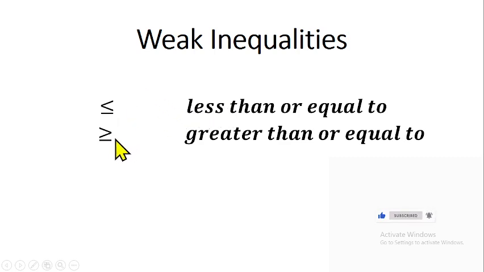This is greater than or equal to. This is another two-statement, or compound statement. We regard these two as weak inequalities, while less than and greater than are called strong inequalities. I hope you understand the categories that we have as far as inequalities are concerned. All of them are called inequality signs, but some of them are weak, while some of them are strong.